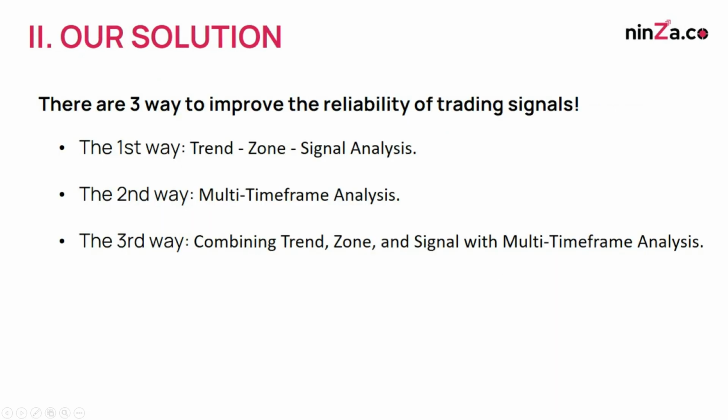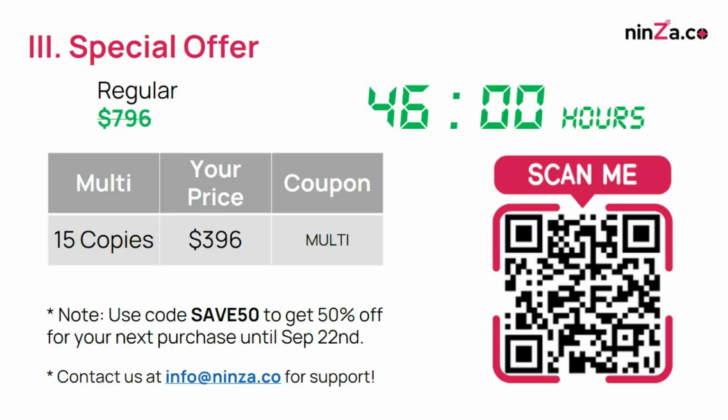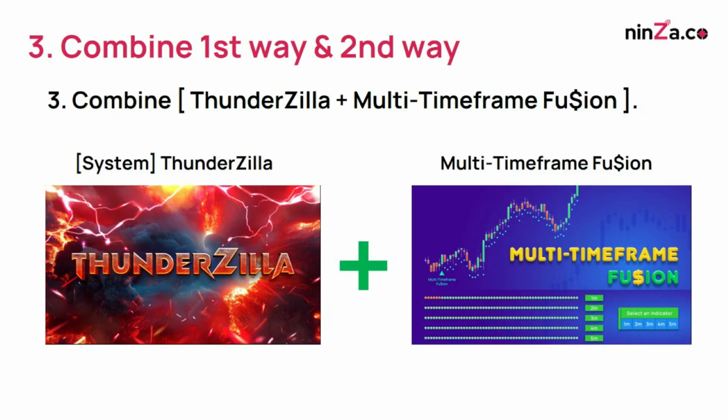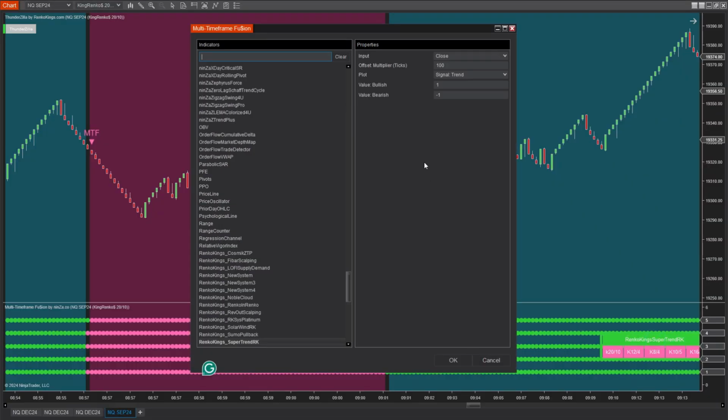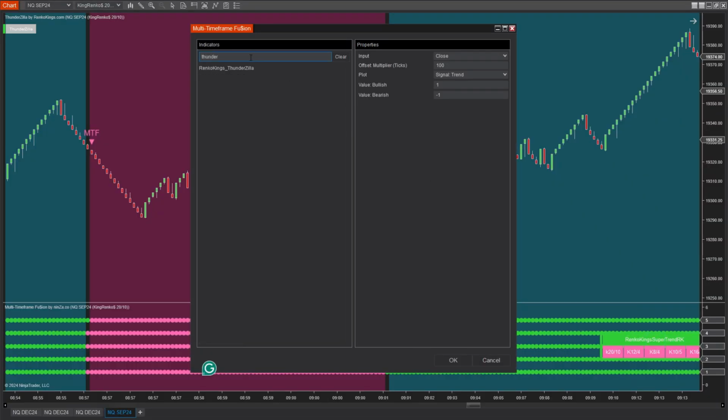And I bet you're eagerly waiting for the third method to boost the reliability of your signals, right? Well, here it is. It's all about combining both of the techniques we've talked about. That means bringing together a trading system that includes trend, zone, and signal analysis with multi-timeframe analysis.